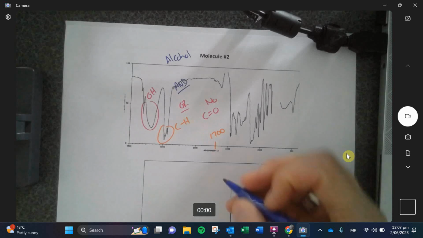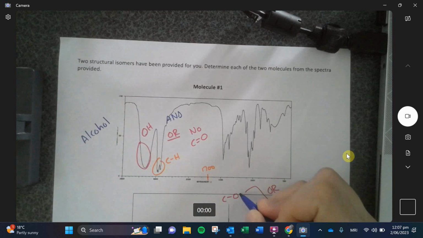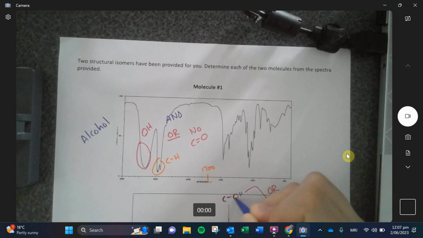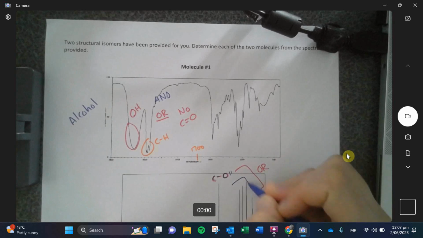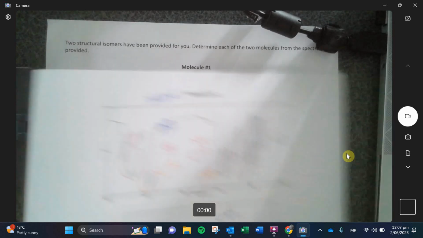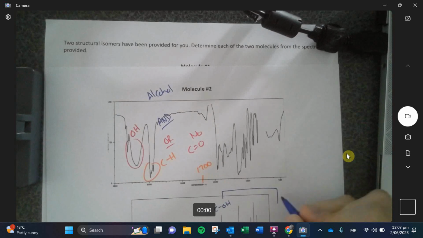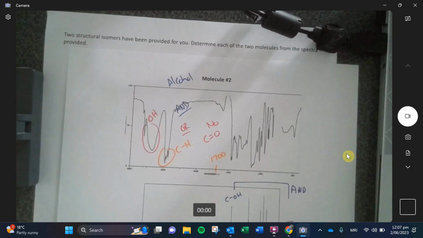So 50 to 70, this one here would be my COH. And that one is my, well, COH. So basically what I'm looking for at the merit level is that you have both of these. It's kind of like an and option. It's the best way I can describe it. You're just getting a little bit more information.